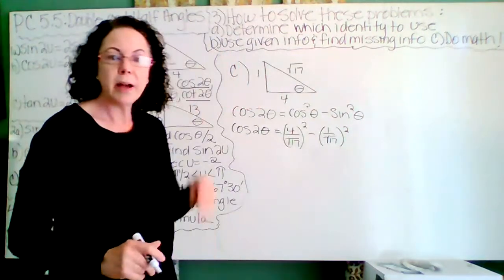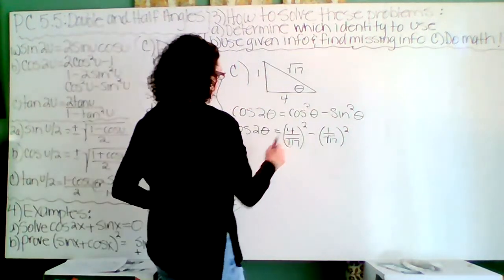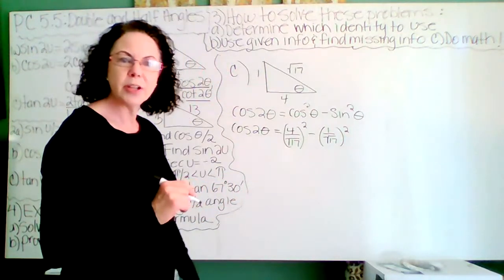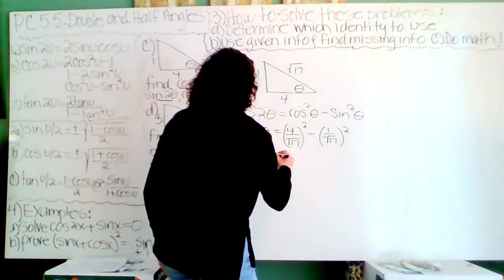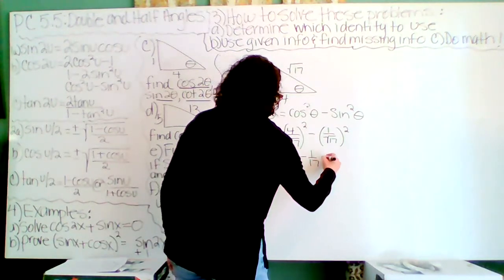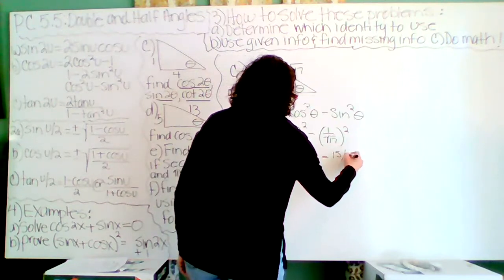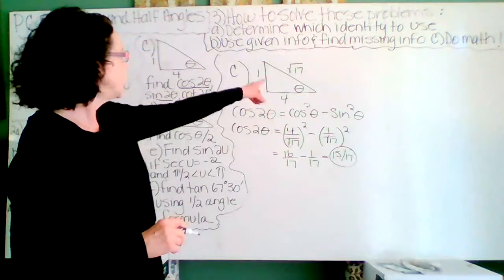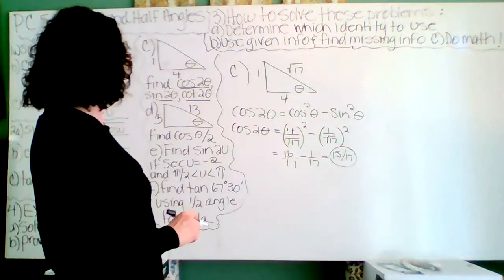Notice I don't have to worry about the square roots of 17 in the denominator because they're being squared. So we get 16 17ths minus 1 17th equals 15 17ths. And that is the value of cosine if you doubled that angle.